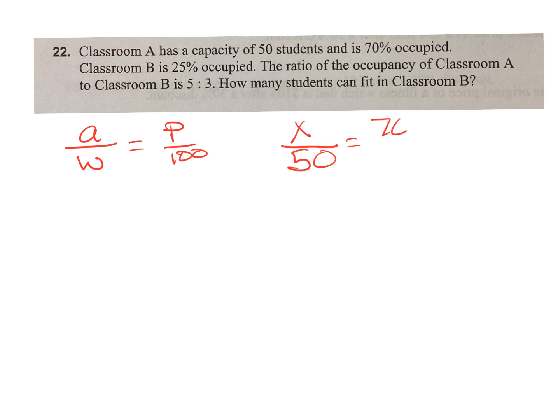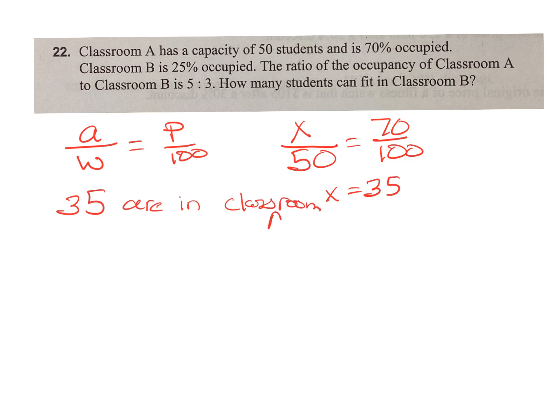And it's occupied at 70%. So 50 times 70 divided by 100, x equals 35. So 35 students are in classroom A.